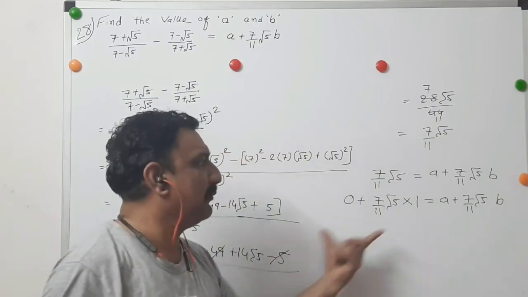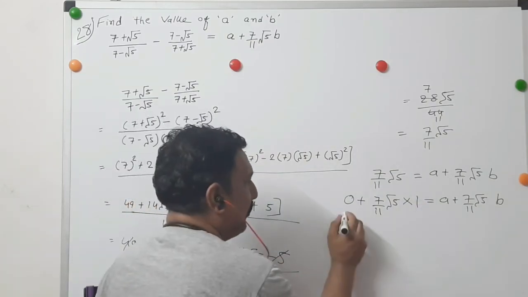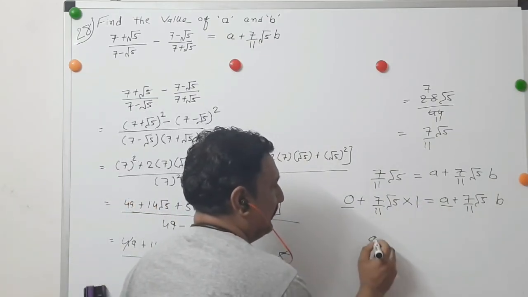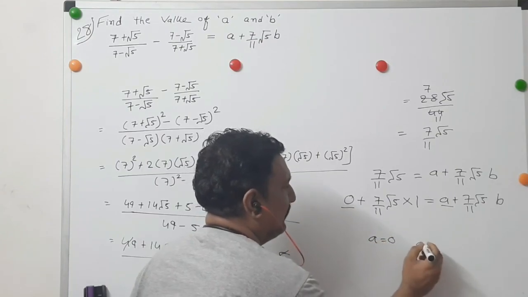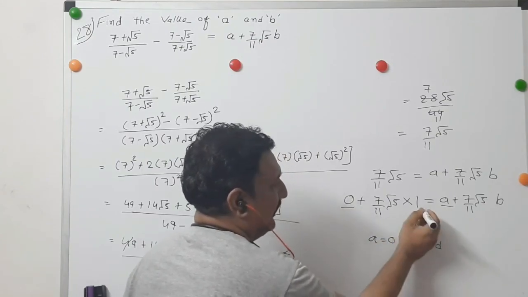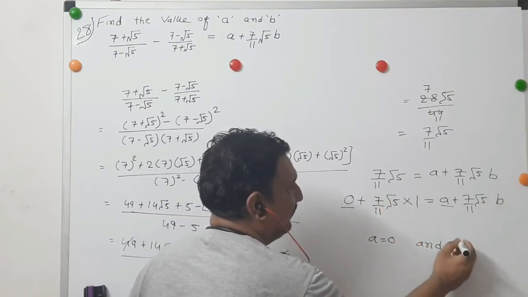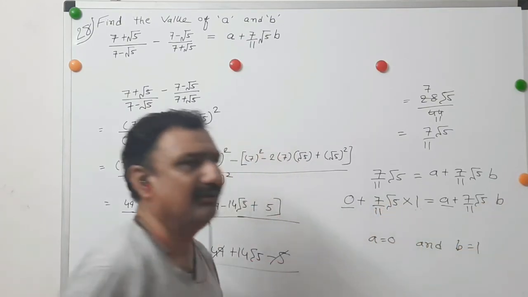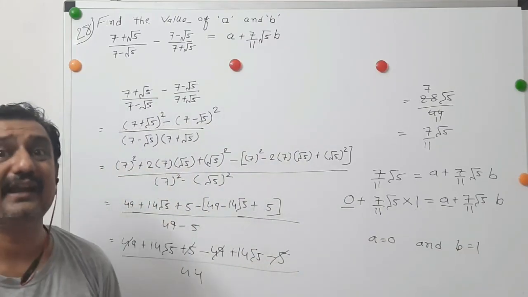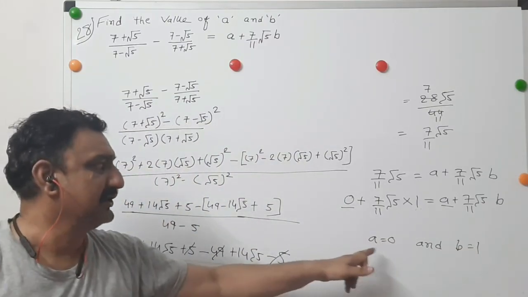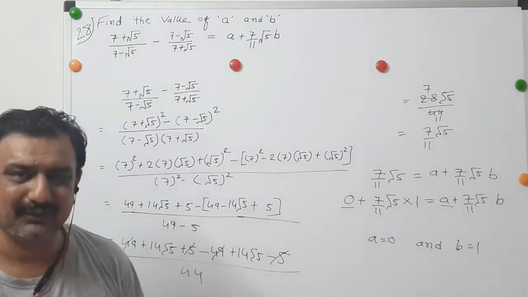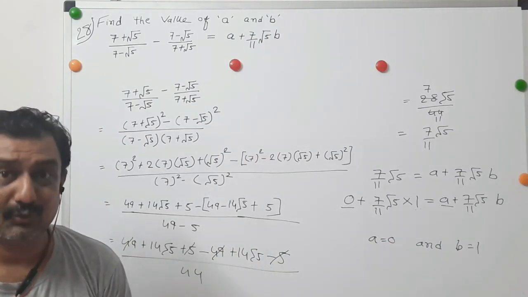Now if you compare both sides, you come to know what a is, that is 0, and what b is, that is 1. So the values of a and b are 0 and 1 respectively. I hope you can understand.